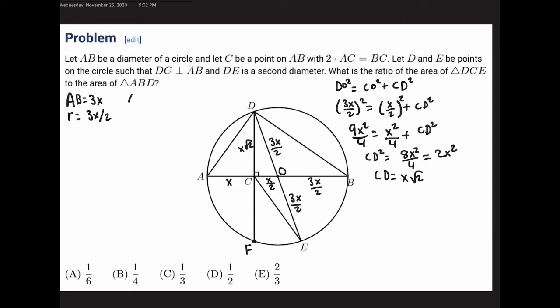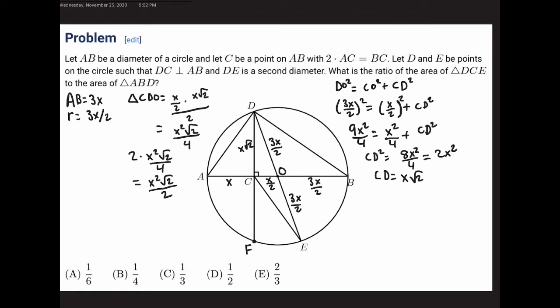It'll be equal to x over 2 times x root 2 over 2, which is equal to x squared root 2 over 4. Doubling this gives us 2 times x squared root 2 over 4, which is equal to x squared root 2 over 2. So now we know the area of triangle DCE is x squared root 2 over 2.